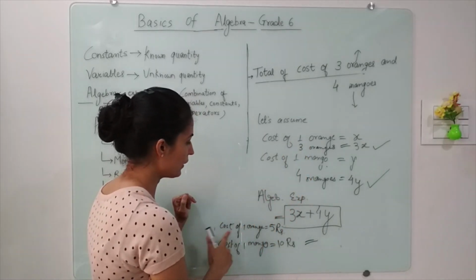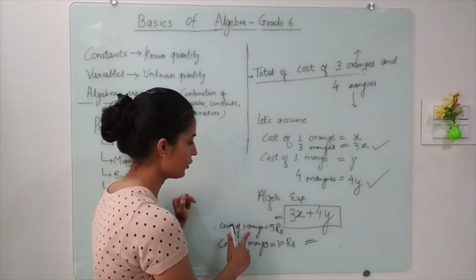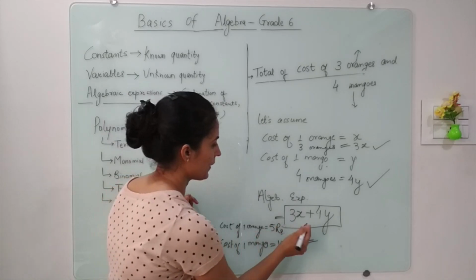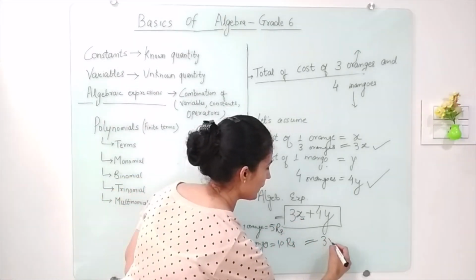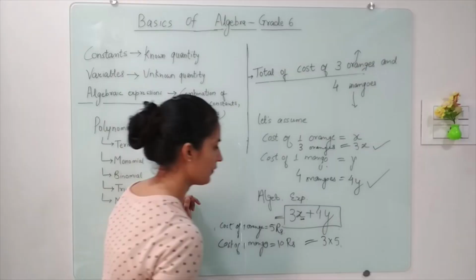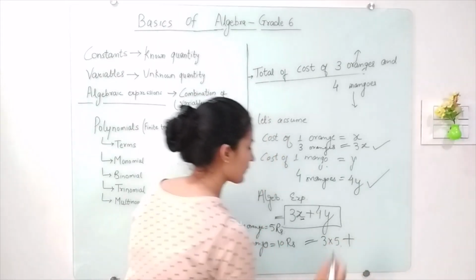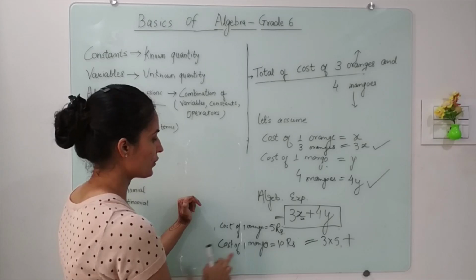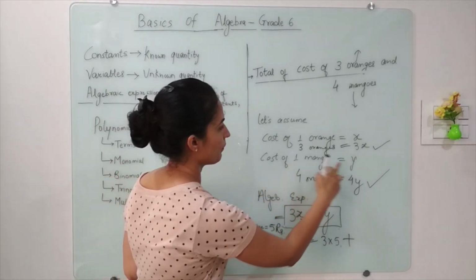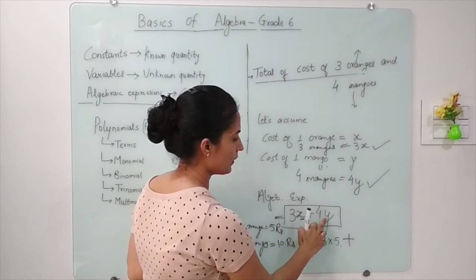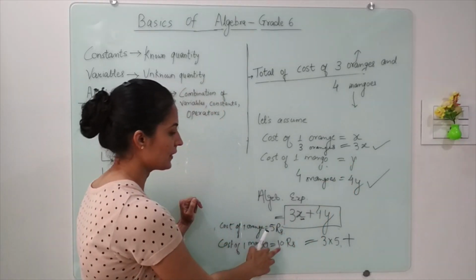Now I know the value of cost of one orange, so I can simply replace this X with 5. That means 3 multiplied by 5 plus cost of one mango is 10 rupees and we assume that the cost of one mango is Y. So in place of Y, I will write 10.